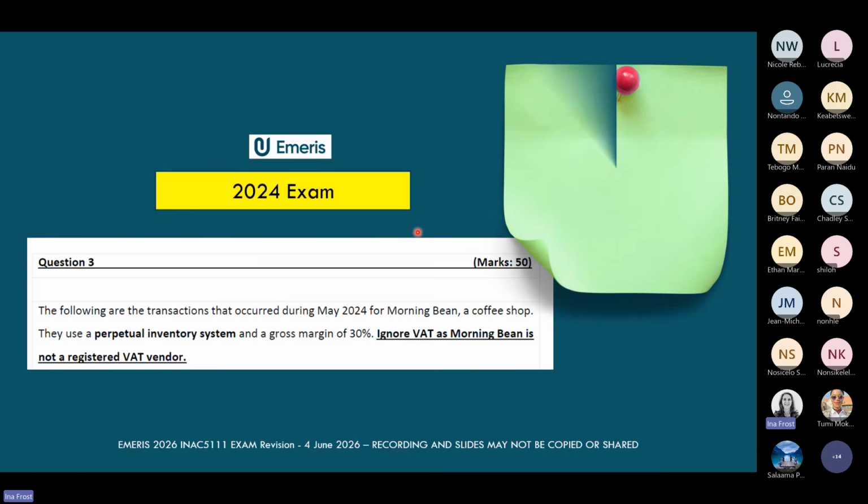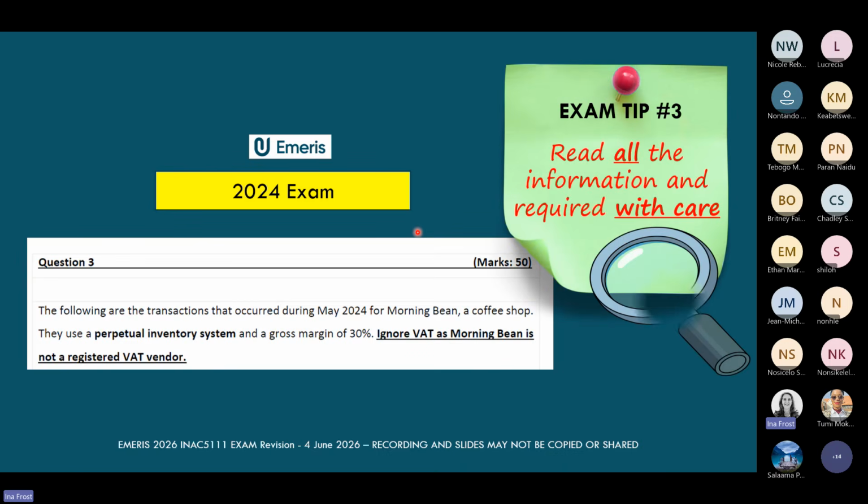The next exam tip is to make sure that you are reading all of the information and the required with care. Because remember, we're only going to give you marks for what we're asking of you to do in the question. So let's see now, in just this small one sentence, how much important information is contained.